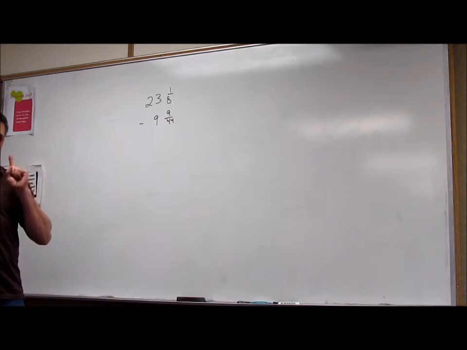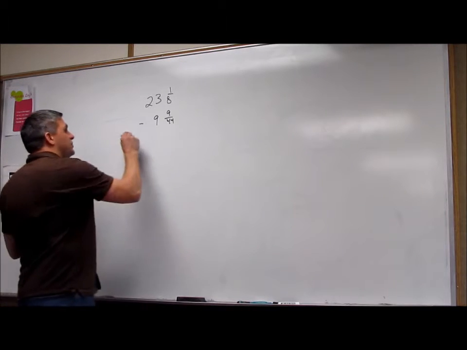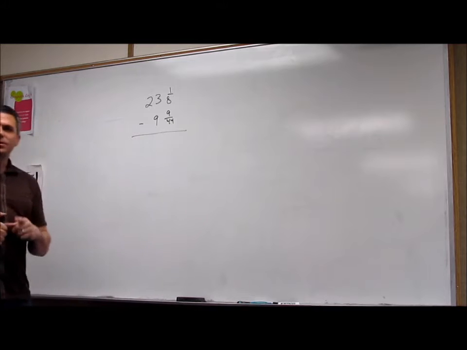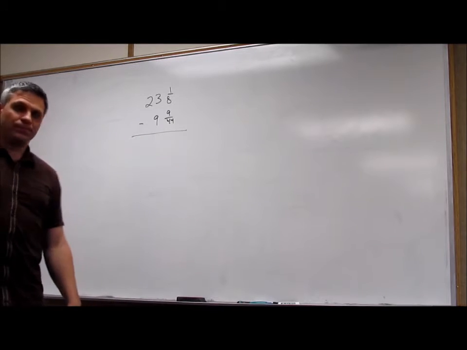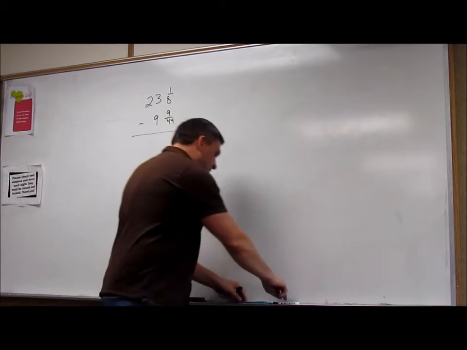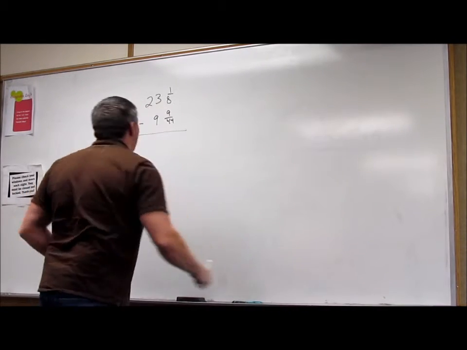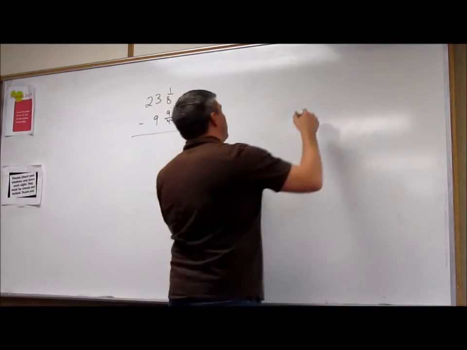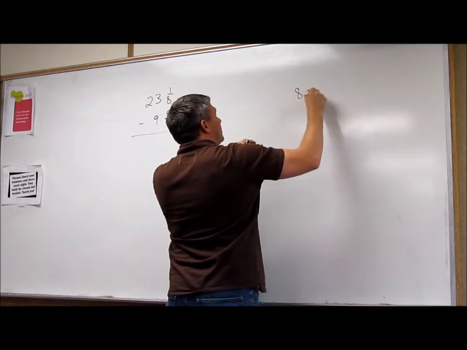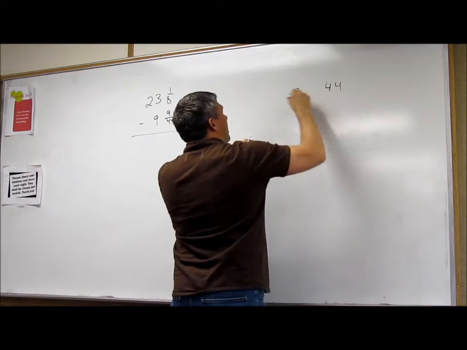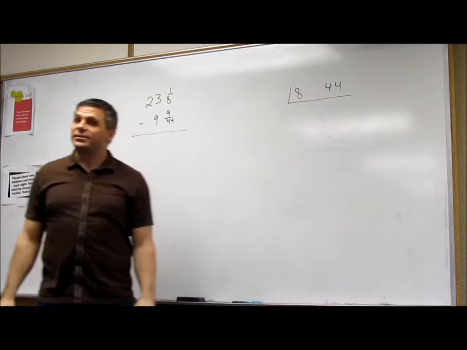That's your first thing. When you're subtracting, you need to make sure the denominators are the same. So your first step here is to take 8 and 44 and find what?